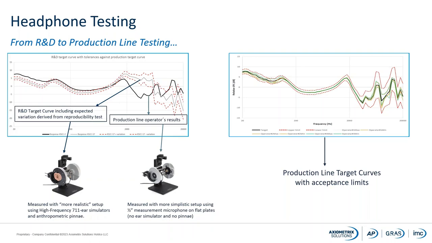After that, we will do the same measurements, maybe with a flat plate, a cheaper solution, and we will see that it will probably start falling off at higher frequency. And now we will use this as a target curve for our production. So the black curve will be the target curve for our production.